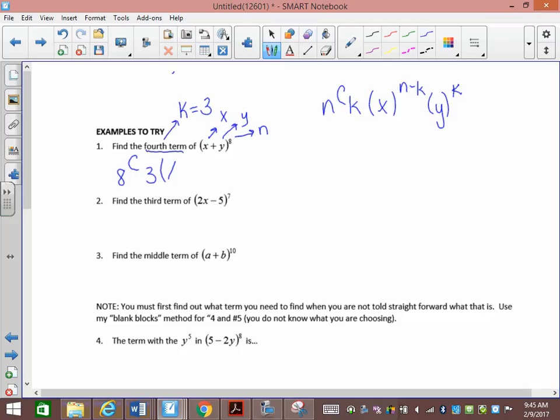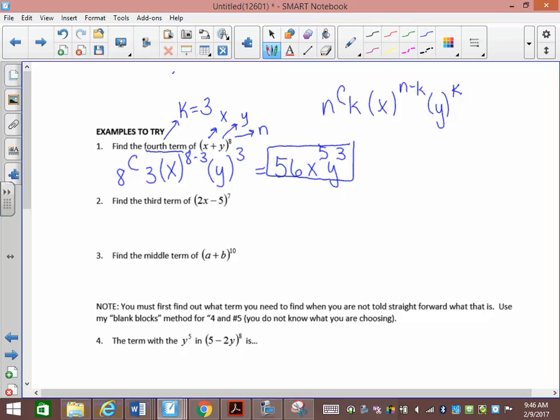X is x to the n minus k, so 8 minus 3. Y is y to the k, which is 3. Now we can just figure it out. What's 8c3? X to the 8 minus 3, so 5. Y to the 3. Way easier when they ask for just one. Well, way shorter. I don't know about easier, shorter.